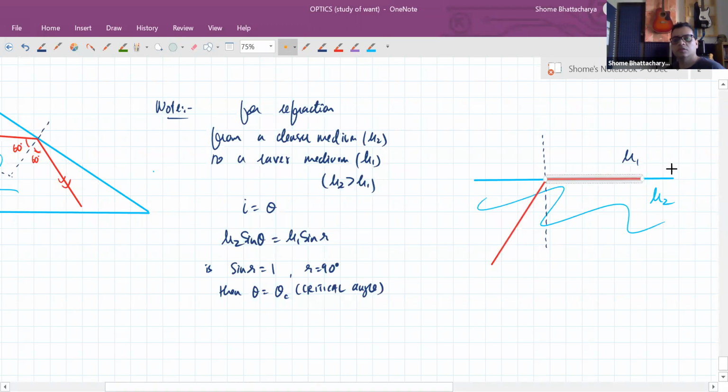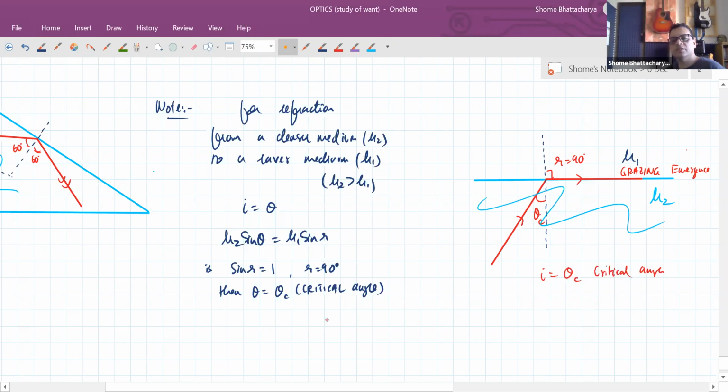So then this is called the critical angle because the angle of refraction has become 90 degrees. So this is called grazing emergence because it emerges grazing the surface when angle of incidence is equal to critical angle.